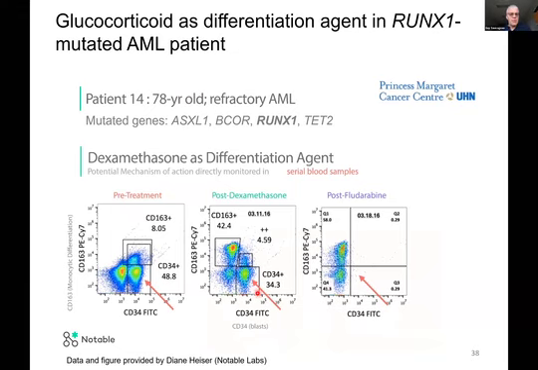So this is interesting, was given to us by a patient from the Princess Margaret at Toronto. This patient was a 78-year-old refractory AML, RUNX1 mutated, and by testing this in vitro with our conditions, they realized that the patient's cells were sensitive to dexamethasone, and as you can see, upregulated CD163 quite significantly, and in the CD34 negative compartment, compatible with monocytic differentiation as well.